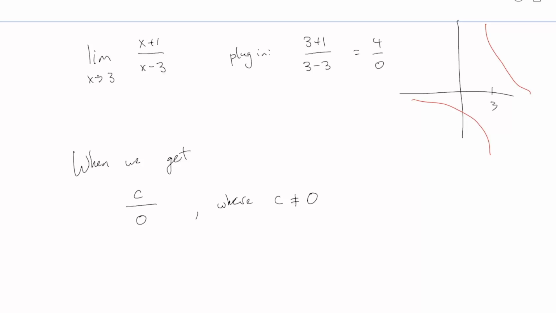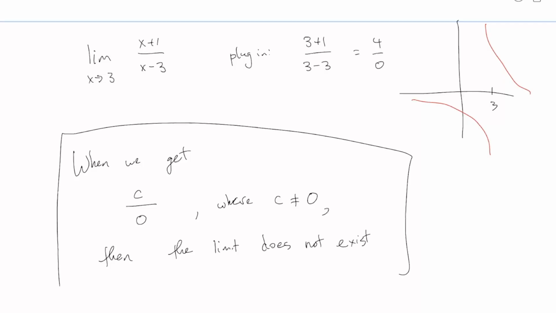Something not a 0 over 0. When we get this, then we can immediately say the limit does not exist. This is a general principle. Okay, I'll put that in a box. When you get a constant divided by 0, where the thing on top is not also 0, then the limit does not exist, and then you're done. You don't have to do any more work. Your answer is just DNE.